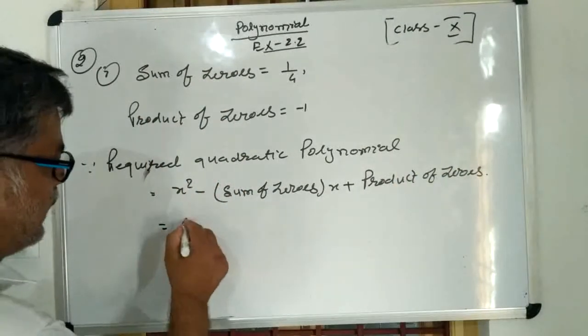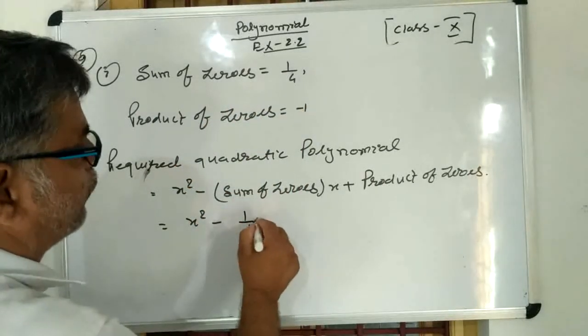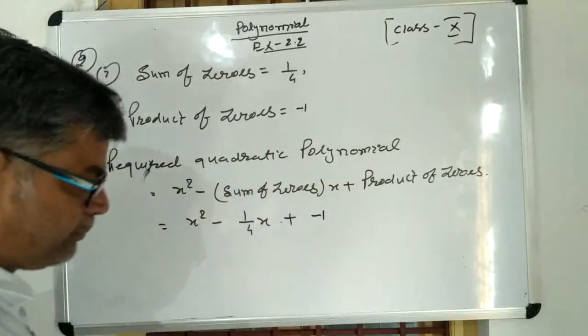So by putting in, x square minus sum of zeros, which is 1 by 4, into x plus product of zeros, which is minus 1.